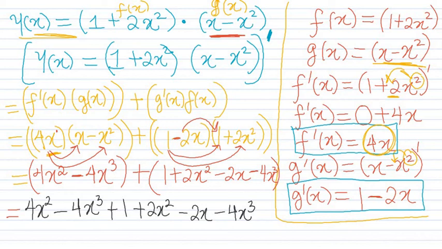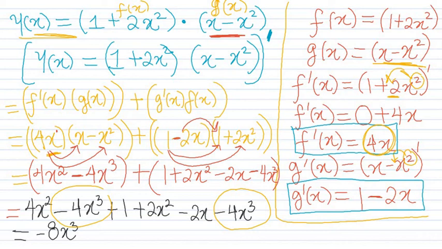Negative 4x cubed and negative 4x cubed is negative 8x cubed. Okay, so this is gone and this is gone, and so we're done with those two.